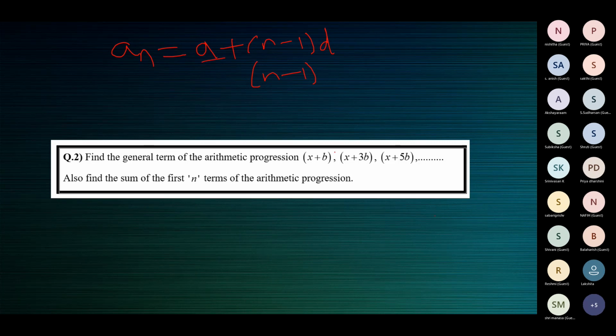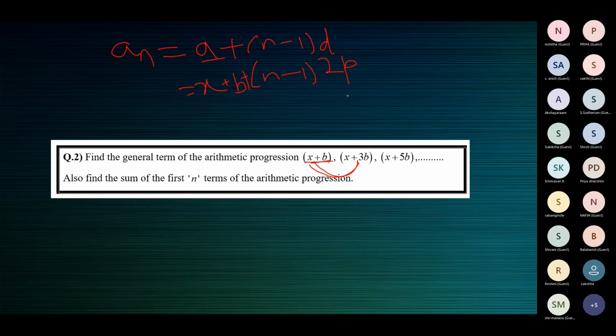Substitute for a. What is a? The first term is x plus b. And what's the common difference? You should find this term minus this, 2b. Work this and get the answer. That is the expression for the general term.